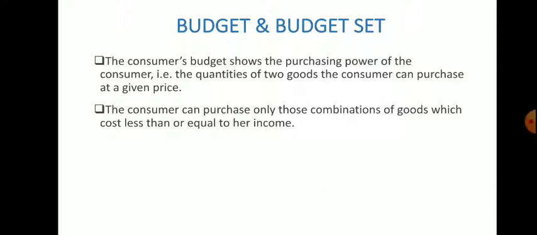He cannot purchase, say for example, those commodities in such a quantity for which he has to pay 15 rupees, because he is having only 10 rupees. So, either he will purchase less than 10 rupees, or he can purchase equal to that 10 rupees. He cannot purchase more than that.